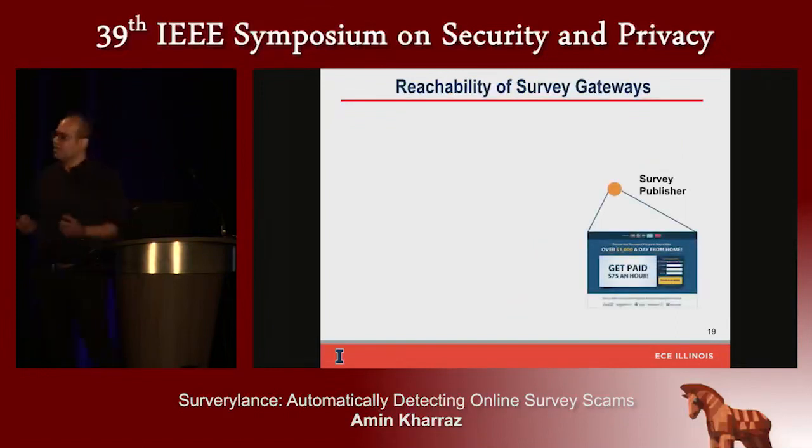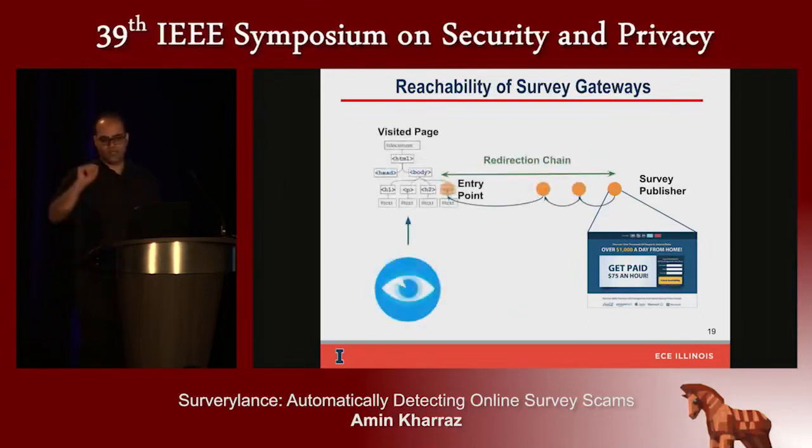One of the questions that arises is how likely it is that a normal user gets exposed to survey scams. So we performed an analysis from the survey publisher and did a reverse tracing back to the entry point to the survey ecosystem. And we created a redirection chain from the entry point, which was a URL that was simply inserted into the visited website, to the survey publisher.